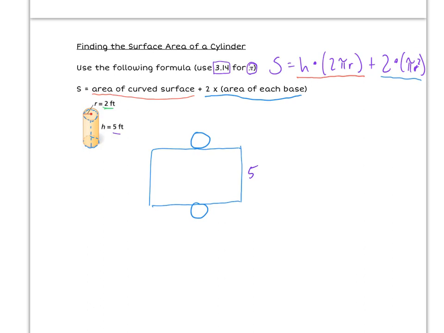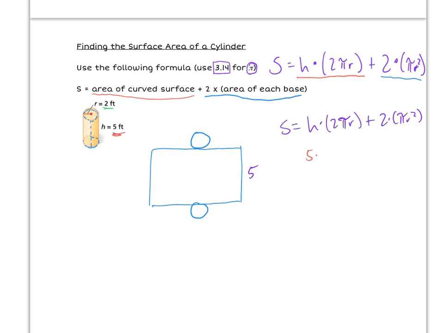So we have S equals h times 2 pi r plus 2 times pi r squared. All right, so h is our 5 here.